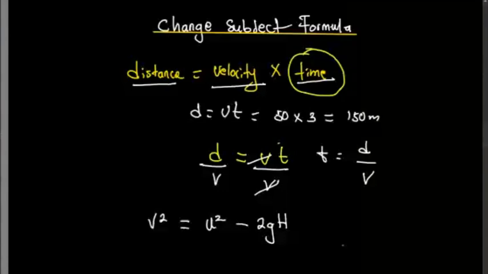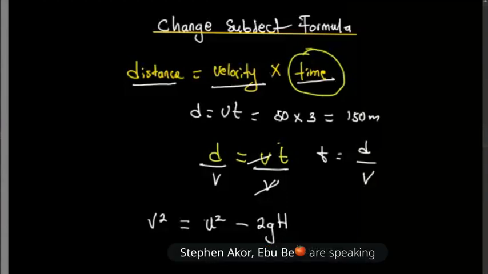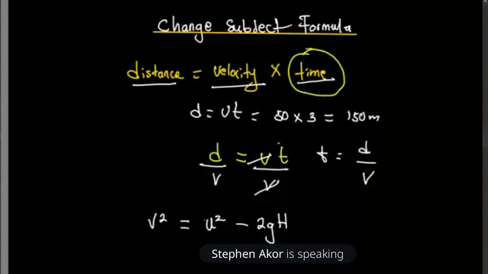I have a question for you. What is the subject of formula in this equation? Tell me what the subject of formula is. V squared. The subject of formula is V squared, right?